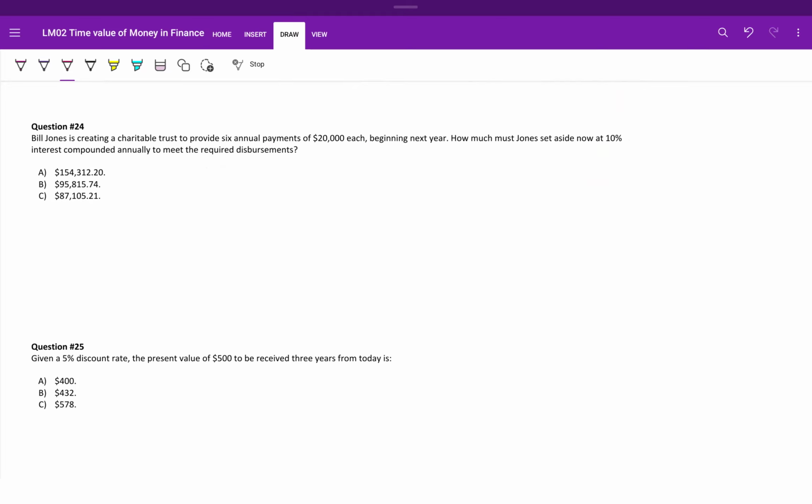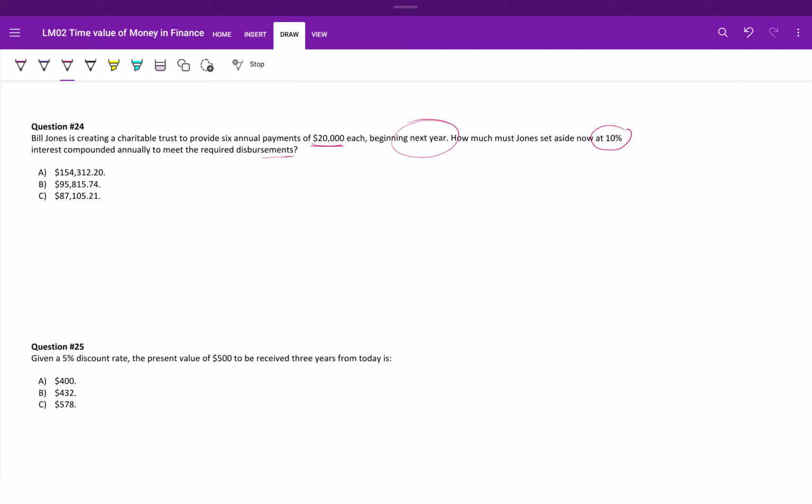Now, question number 24. Billy Jones is creating a charitable trust to provide six annual payments of 20,000 each beginning next year. How much must Jones set aside now at 10% interest compounded annually to meet the required disbursement?